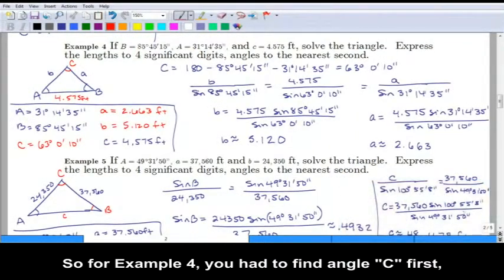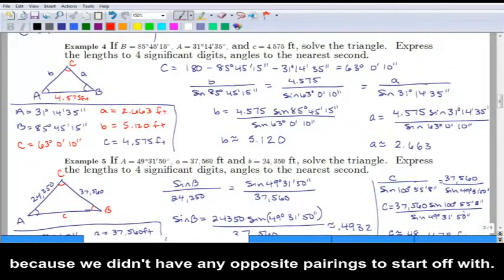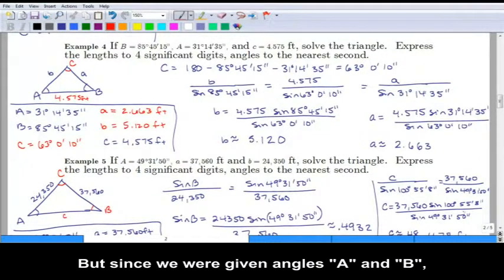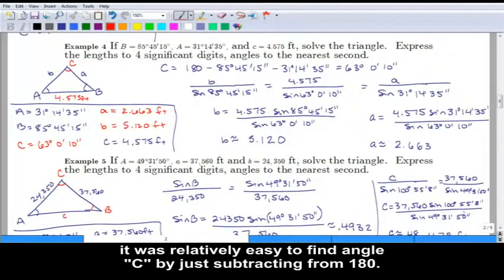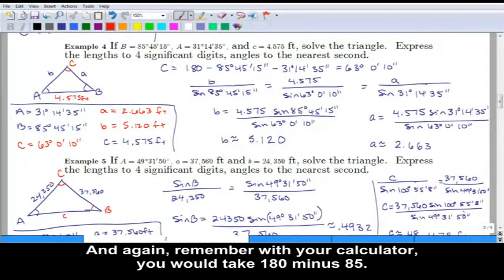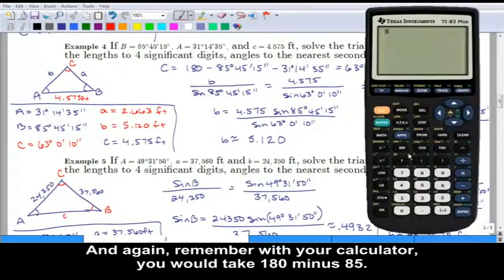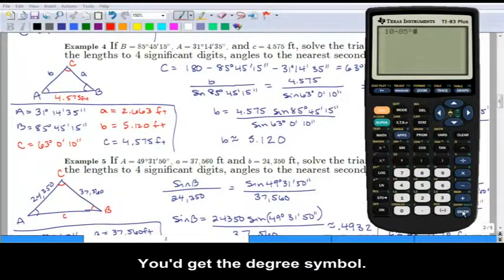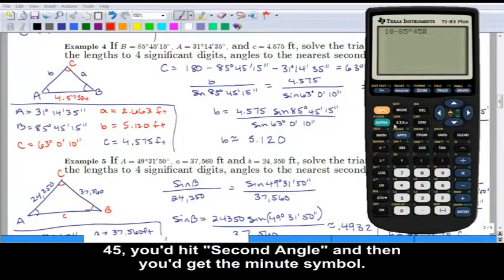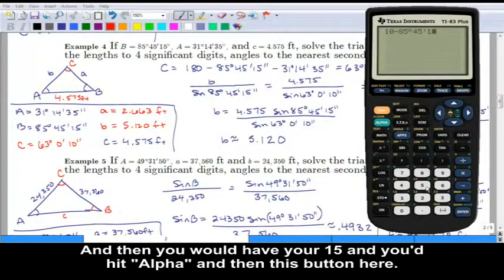So for example 4, you had to find angle C first because we didn't have any opposite pairings to start off with. But since we were given angles A and B, it was relatively easy to find angle C by just subtracting from 180. And again, remember with your calculator, you would take 180 minus 85, and then you'd hit that second angle, you'd get the degree symbol. 45, you'd hit second angle, and then you'd get the minute symbol, and then you would have your 15, and you'd hit alpha, and then this button here.